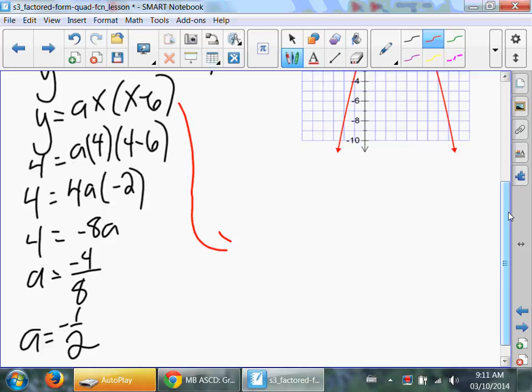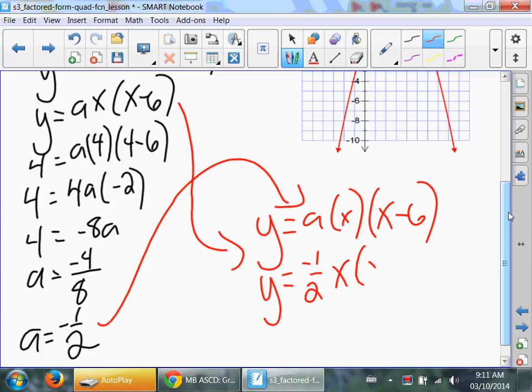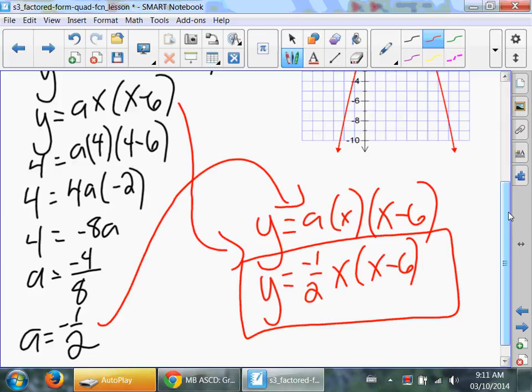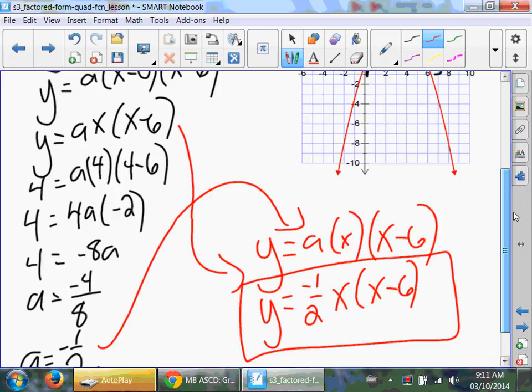So I look back at what I had a wee bit up here: y equals a times x times x minus 6. And I'm going to take this a value here and plug it in there. So y equals negative 1/2 x times x minus 6. That is the factored form of the quadratic function pictured in the graph above.